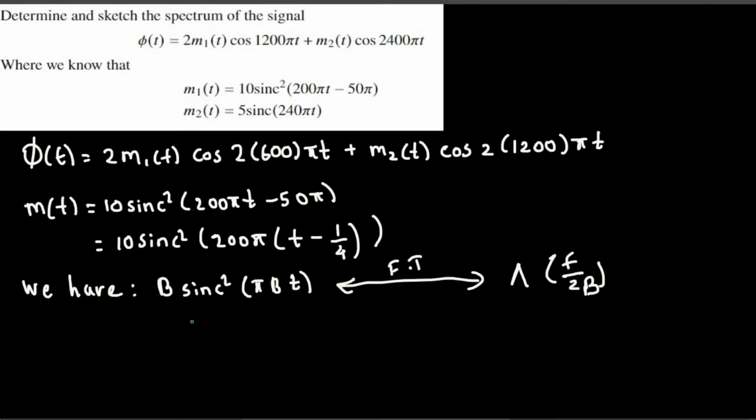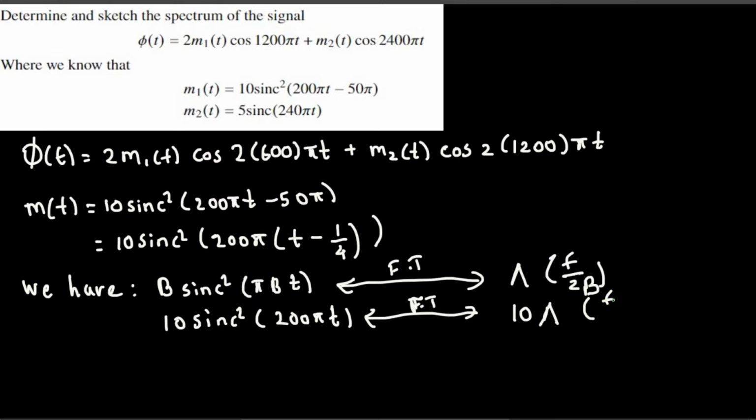So let's write the equation. 10 sinc squared of 200 pi t. Let's do that. If we transform this one, this is going to become 10 triangle of f over 400.